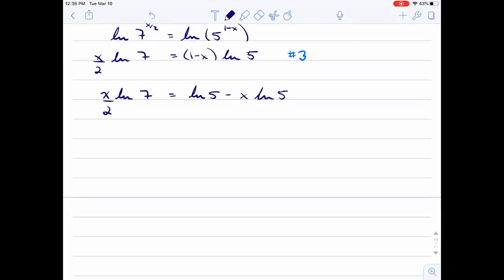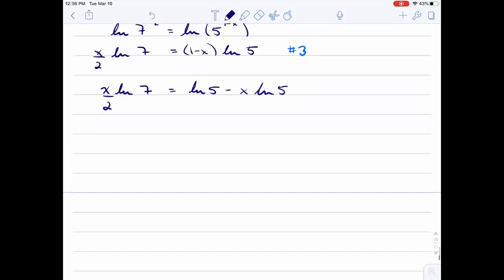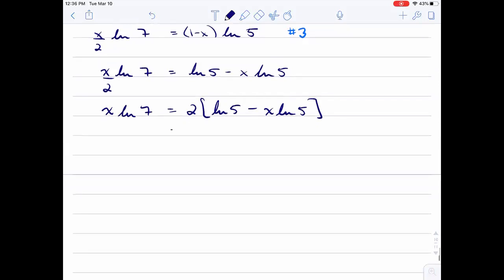Now I can multiply both sides by 2. I could have earlier too, but it just got a little messy. So now I've got x times the natural log of 7 is 2 times the natural log of 5 minus x times the natural log of 5. I can distribute that 2 in front, so I get 2 times the natural log of 5 minus 2x natural log of 5 is going to be x times the natural log of 7.